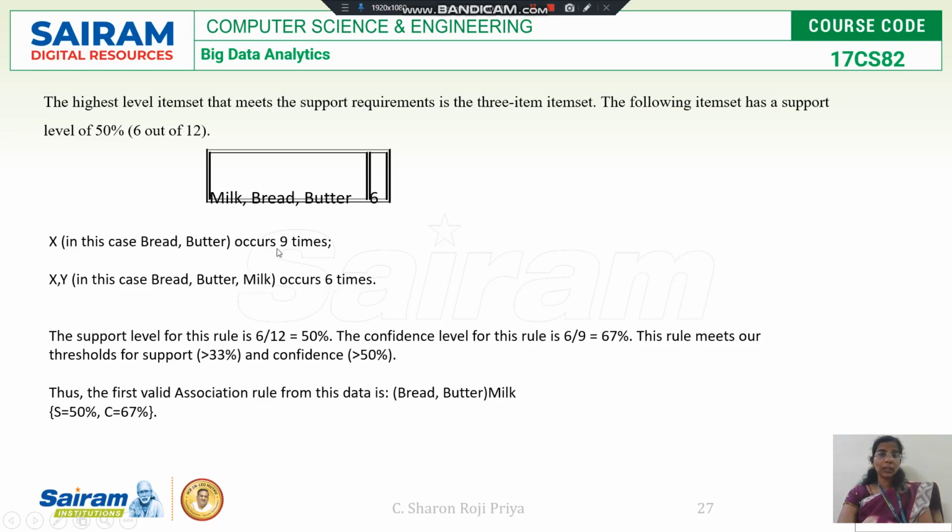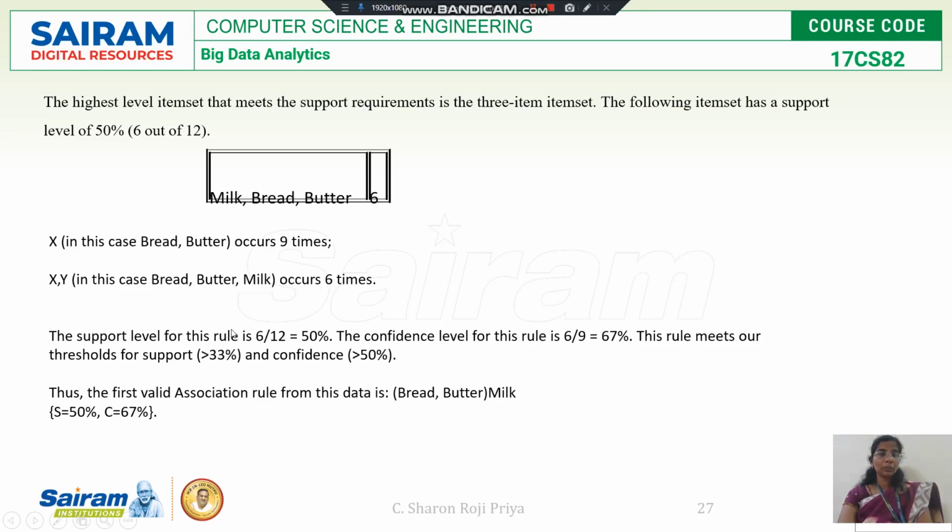So 6 divided by X. What is X? According to our rule, bread and butter is in my LHS, that is my X, and the X value is 9. So 6 divided by 9, 67%, that is my confidence. Always remember, confidence is 6 by 9, 67%.